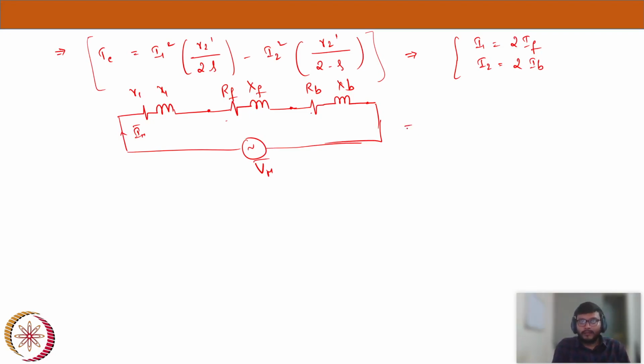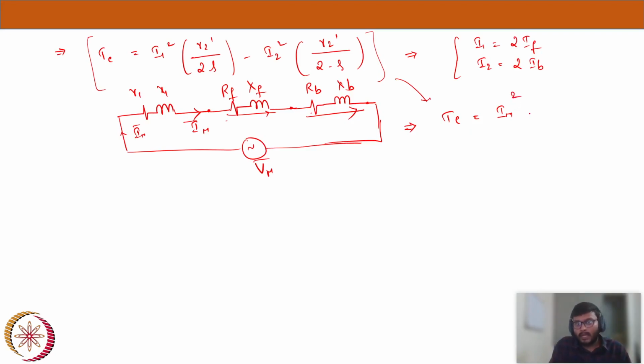Now if we simplify like this, my torque will be even more simplified. Now I have made an equivalent circuit, so whatever current is flowing will pass in series. So IF only will pass through this, and also IM only passes through this part of the circuit as well. Now this equation will further simplify. I can just write Im square instead of finding the forward current flowing through the resistance part.